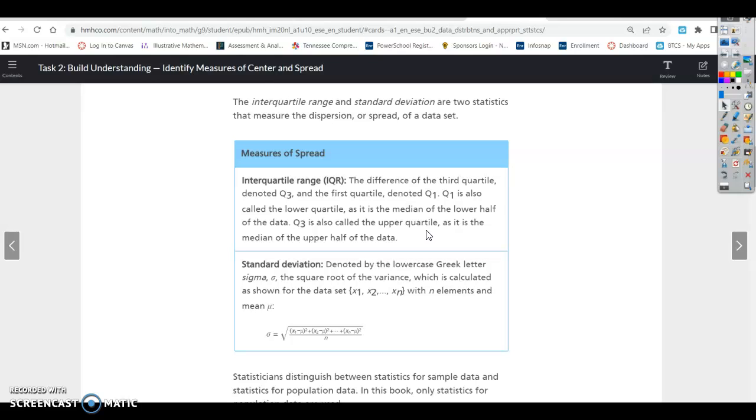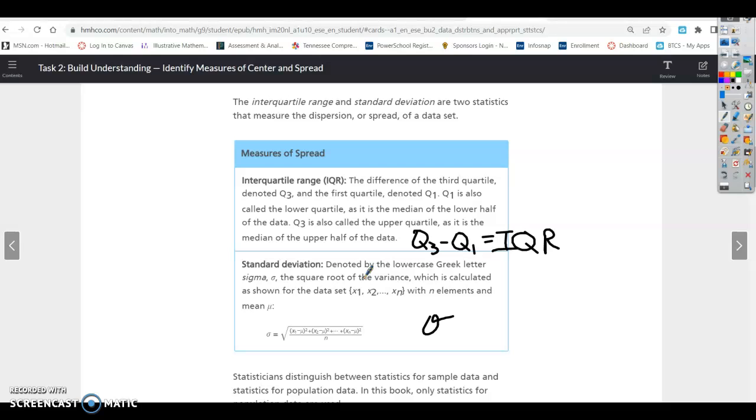All right, so again, Q3 minus Q1 is your interquartile range. All right, standard deviation. You don't need to know this formula. I will show you how to find standard deviation in your calculator.